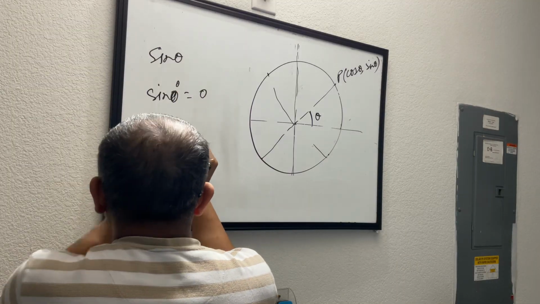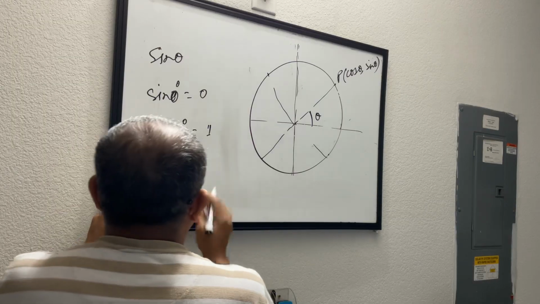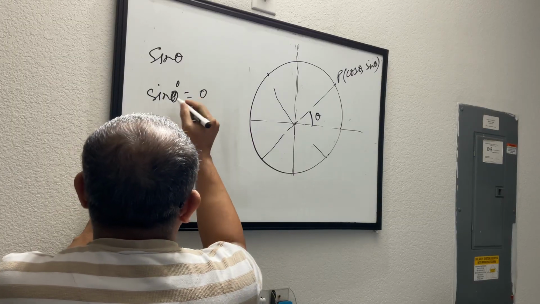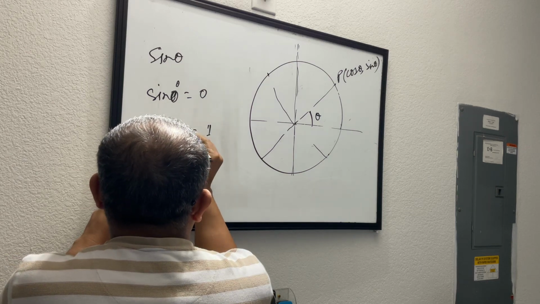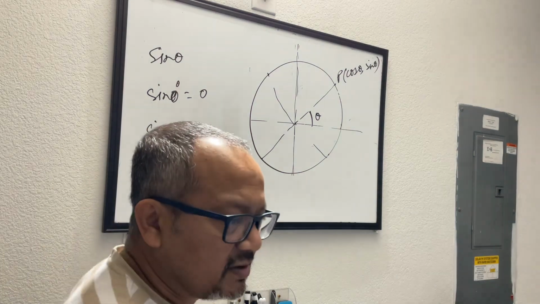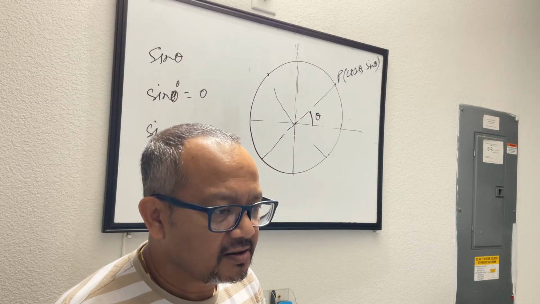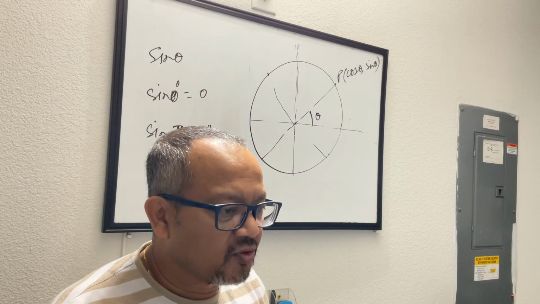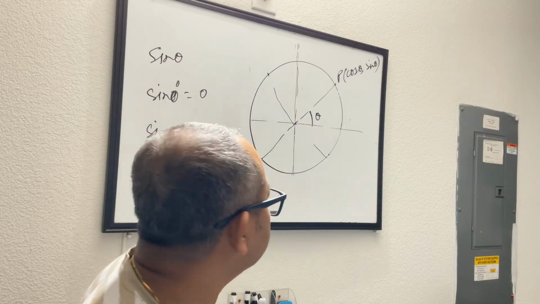Sine of 90 degrees is 1. If you read that in radians, sine of 0 radians is 0, and sine of pi by 2 is 1. Is that all, or can we have more values of sine theta?